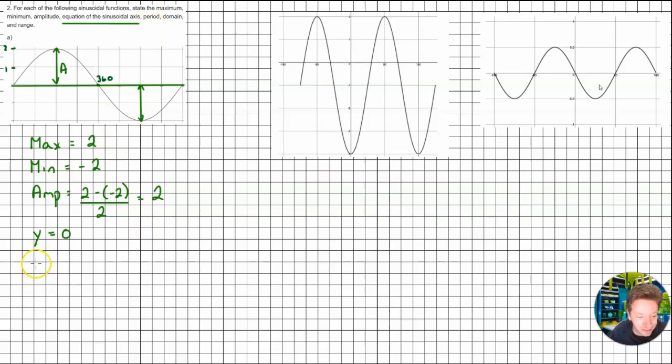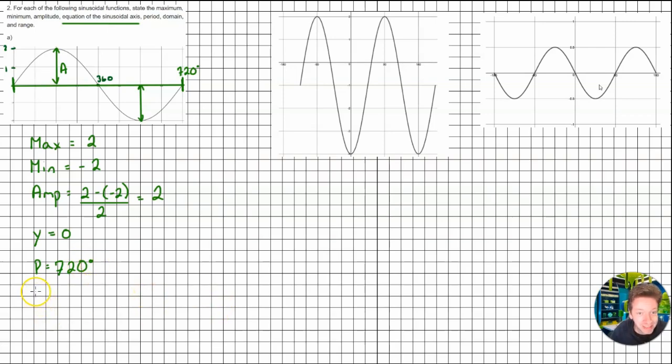Next, our period. So looks like one full cycle starts here. We go up, down, and then back to where we're starting from. So in this case, we're going to 360 and then again all the way to 720. So this one has a period of 720 degrees.